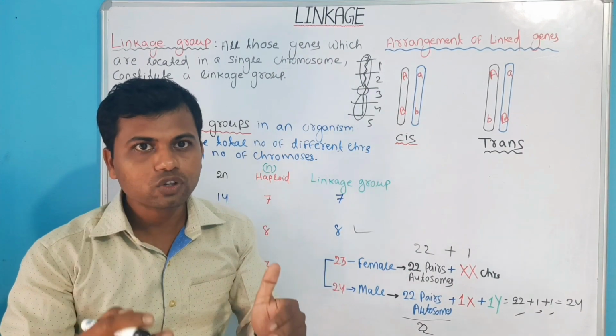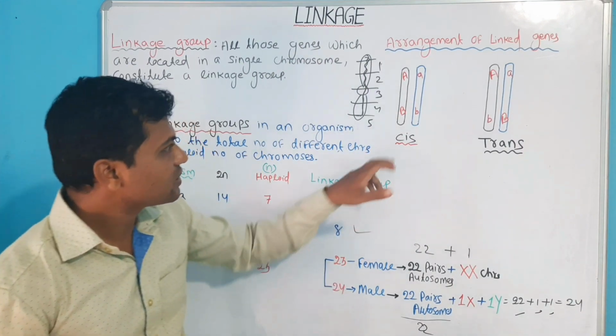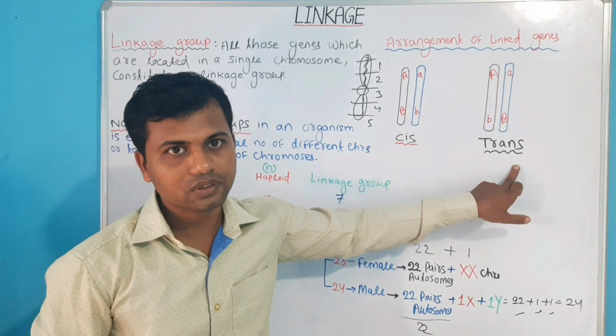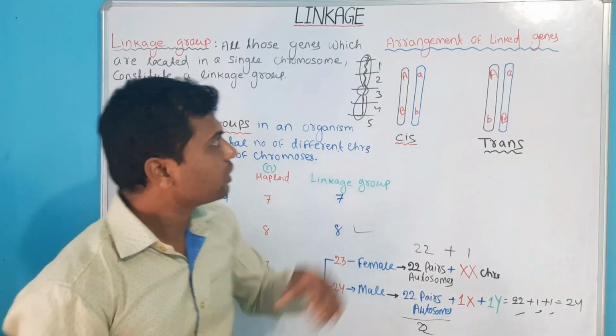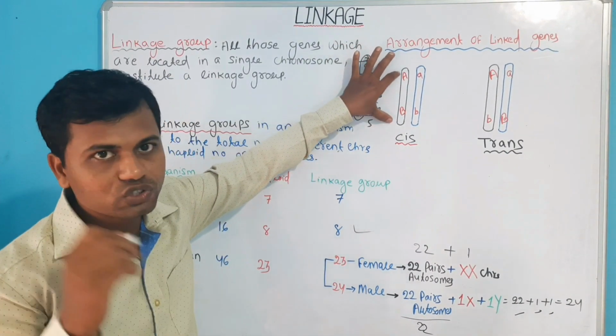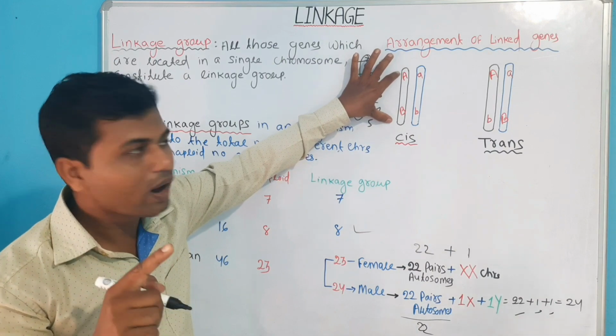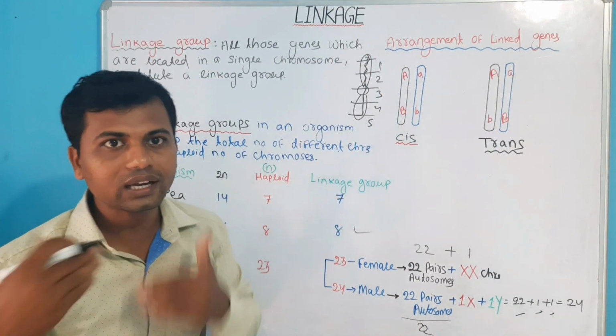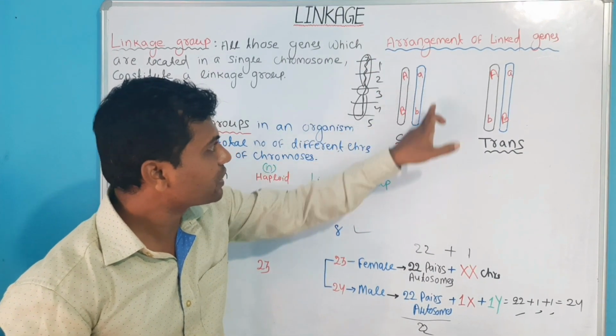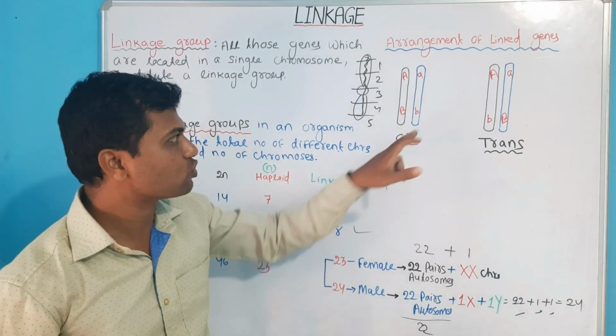There are two types of arrangement of linked genes: cis arrangement and trans arrangement. In cis arrangement, the dominant alleles of the two genes are present in one member of the chromosome pair, whereas the recessive alleles are present in the other member of the chromosome pair.